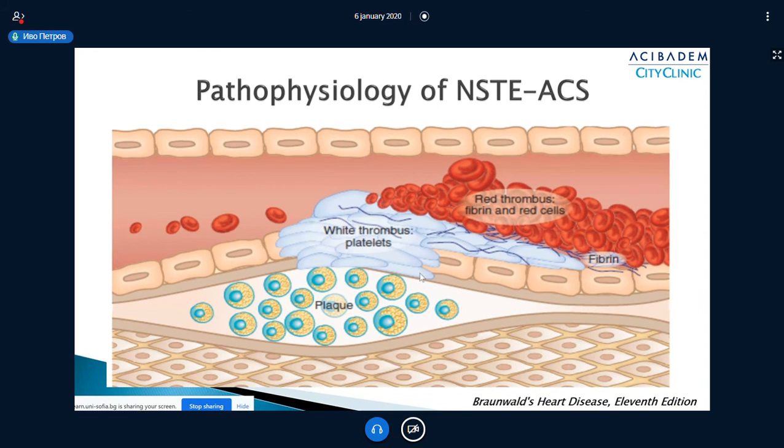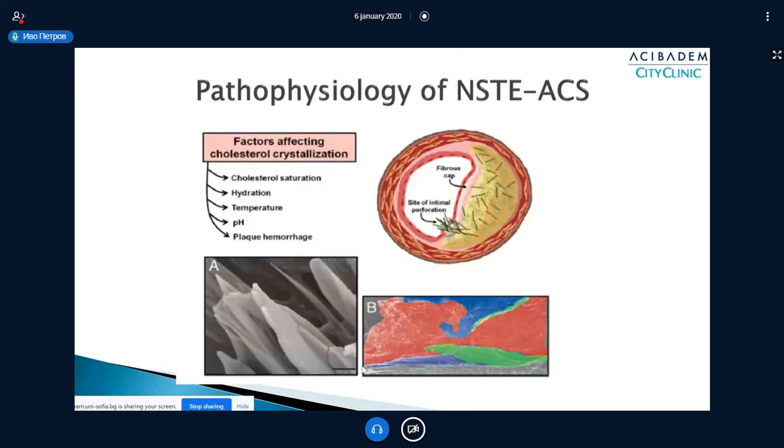Of course this is dependent on many other risk factors like smoking, stress, infection, temperature, plaque hemorrhage, dehydration, and many others. They can cause desquamation of the plaque and total thrombosis of the residual lumen.